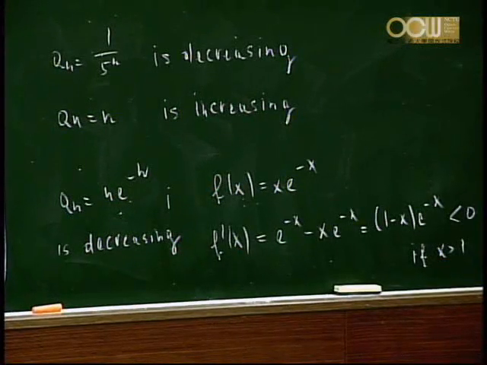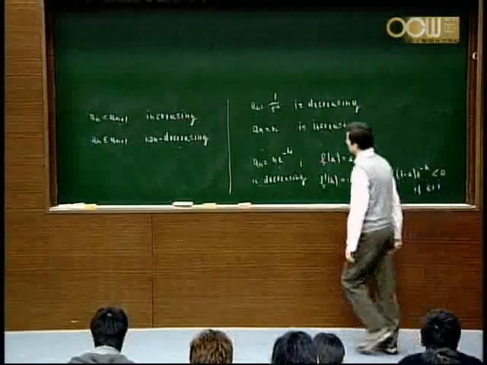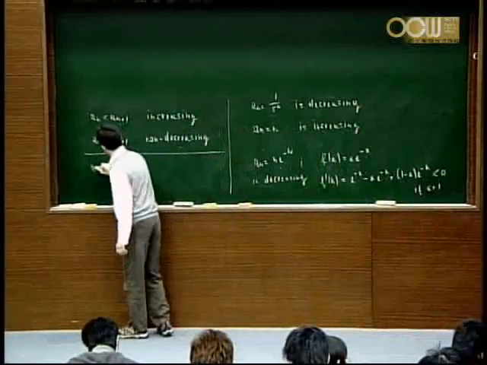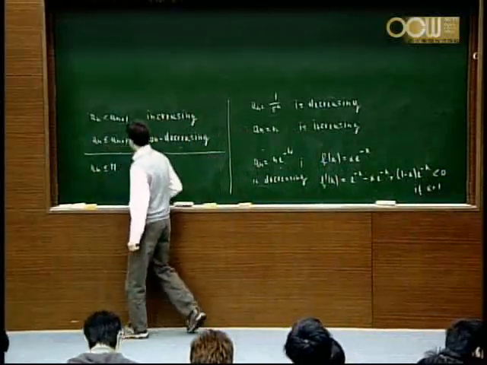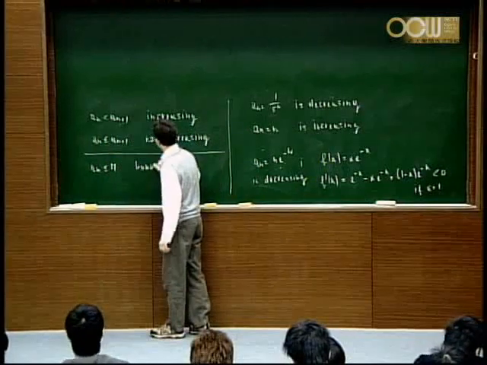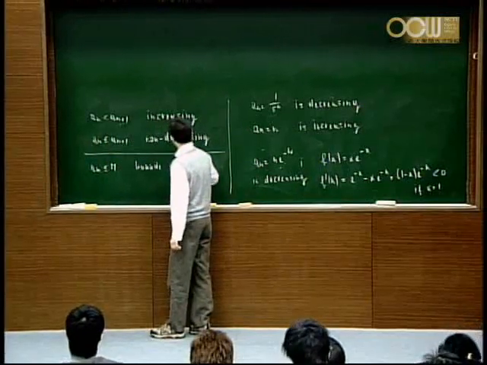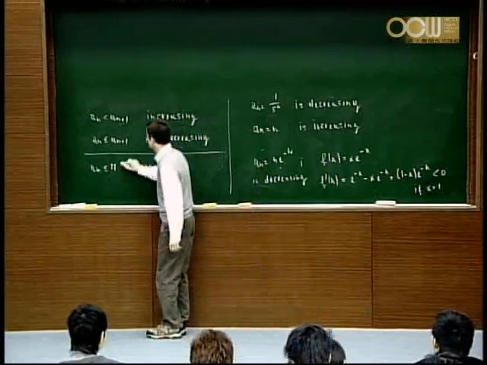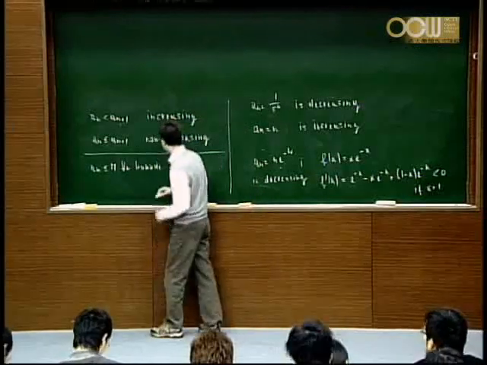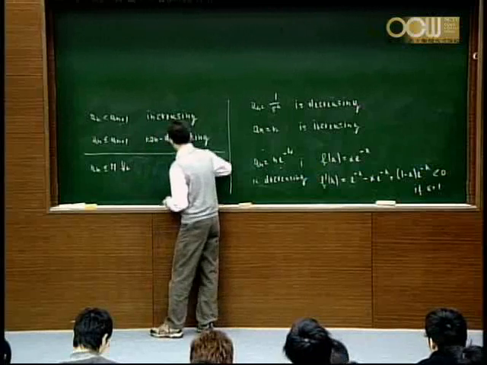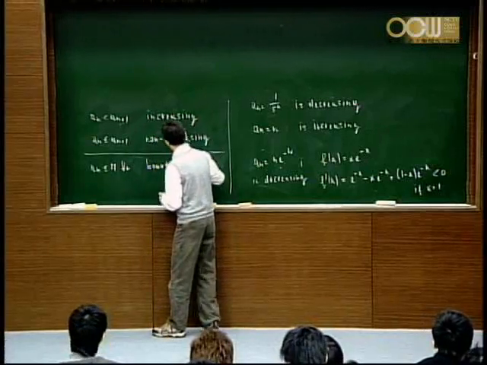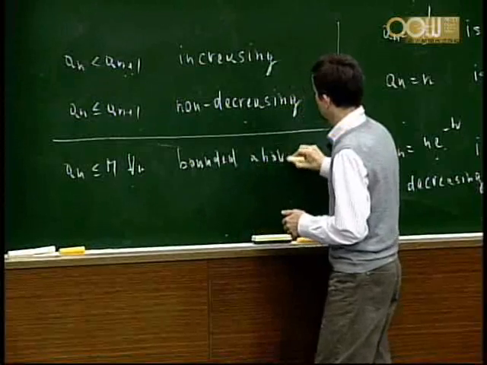Now, the next thing which is introduced in our textbook is boundedness. A sequence would be called bounded from above if you can find some bound M such that this holds for all n. This is called bounded above.